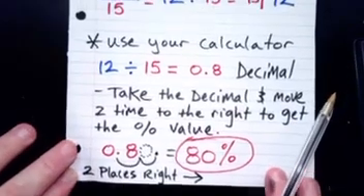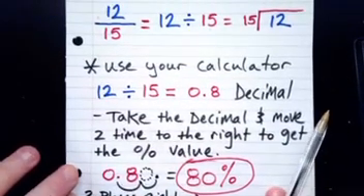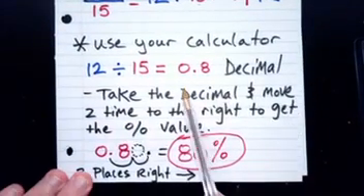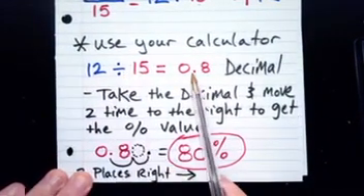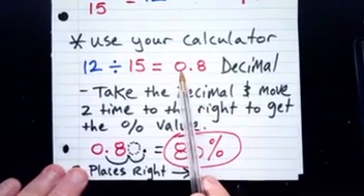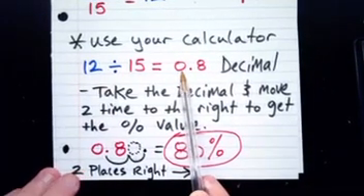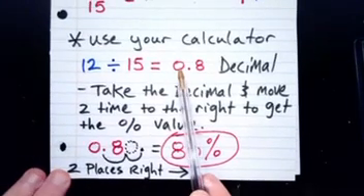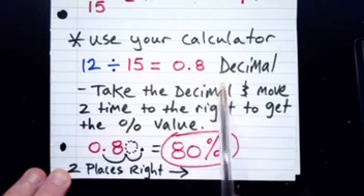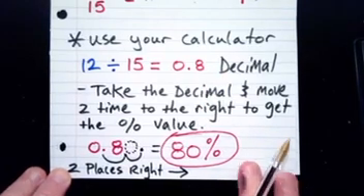So our fraction of 12/15 has now been converted to a decimal. Top divided by the bottom gives you 0.8 or 8/10. This 0 in front is just a placeholder. You can use it or not use it. That's totally up to you. And once you get that decimal, 2 places to the right, add your symbol, and you have your percent.